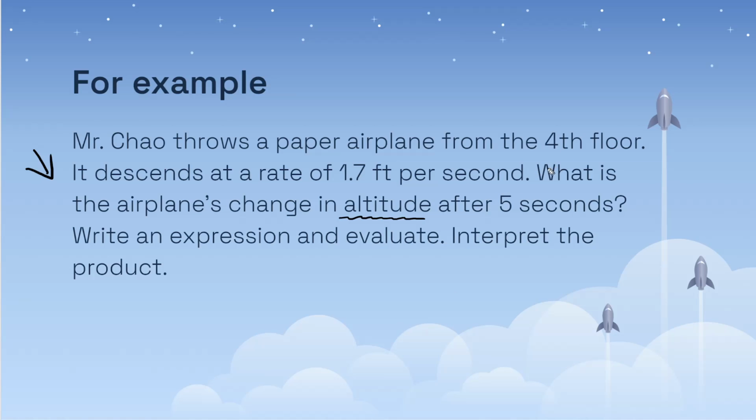So if we start at the 4th floor, it falls at 1.7 feet per second. It falls, which means that it's going down. It's a negative number. It's doing that for 5 seconds. 5 times 1.7 is 8.5, so -8.5 feet.